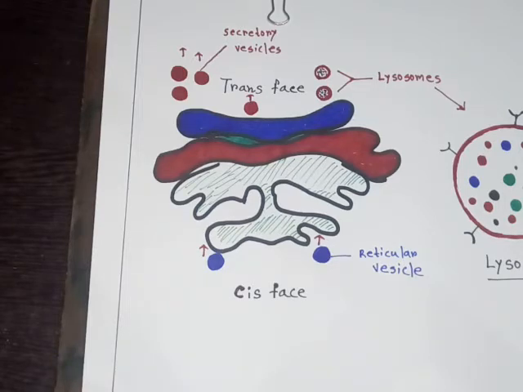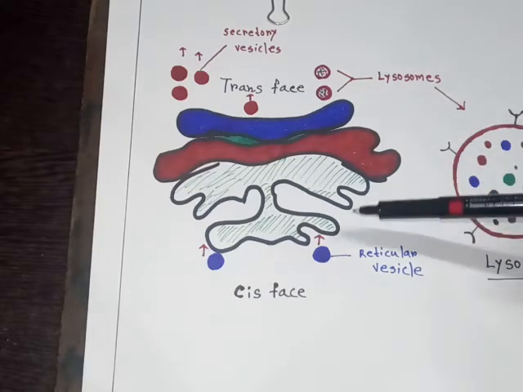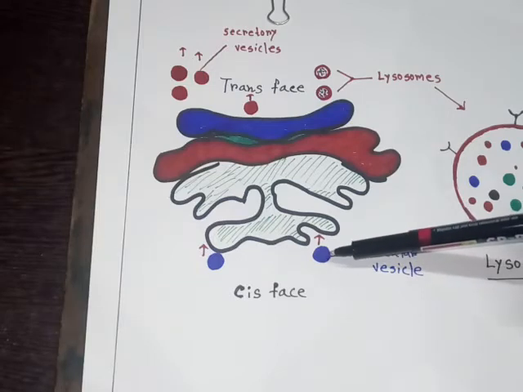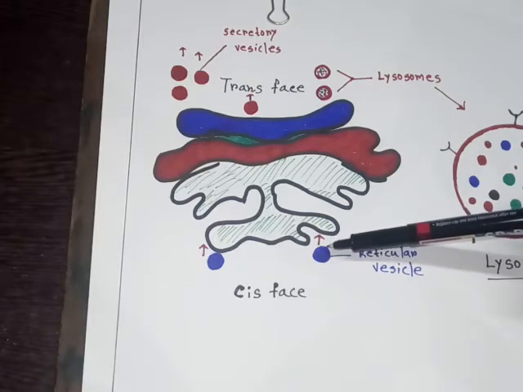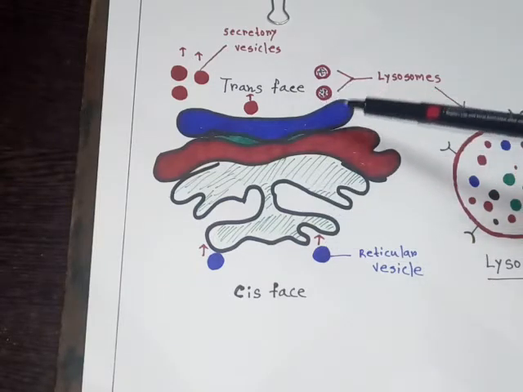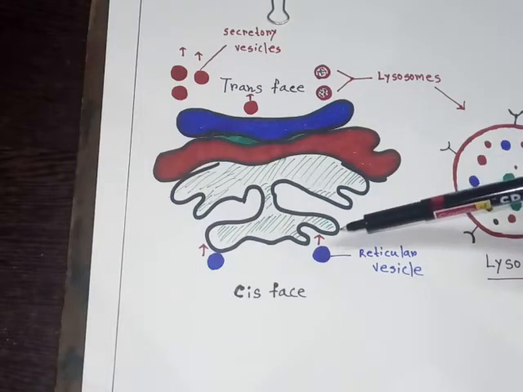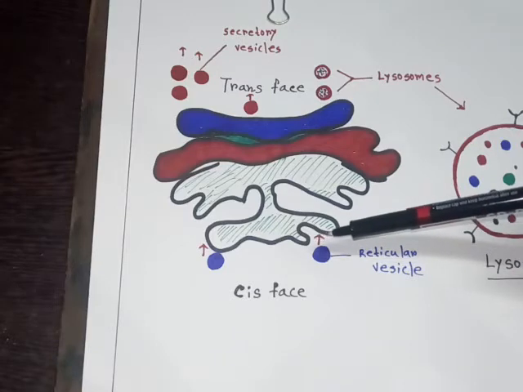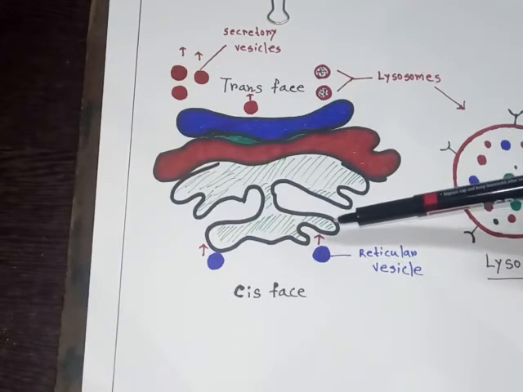Some partial modification occurs, and then it is packed as a reticular vesicle and enters the Golgi apparatus through the cis phase. You are seeing these blue colored reticular vesicles, these are entering the Golgi apparatus.